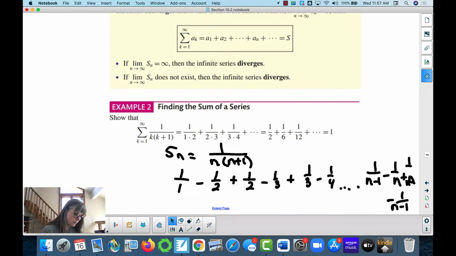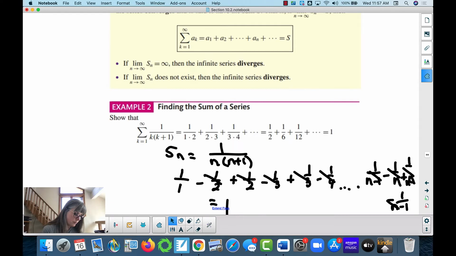So here everything cancels out until we're left with only 1. So then we can say that the sum of that series is equal to 1.